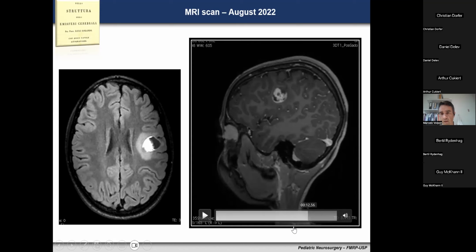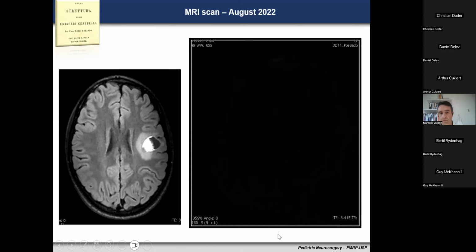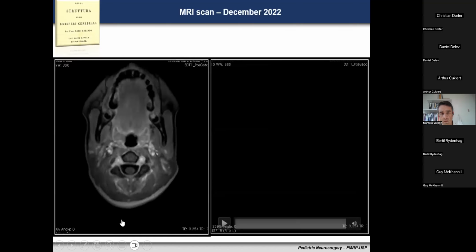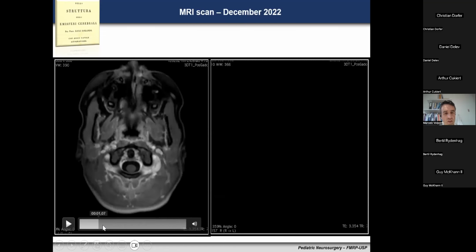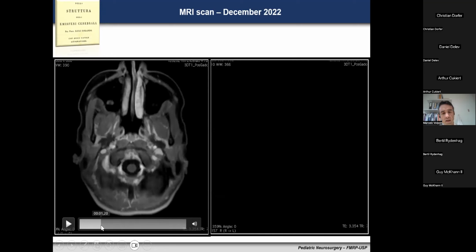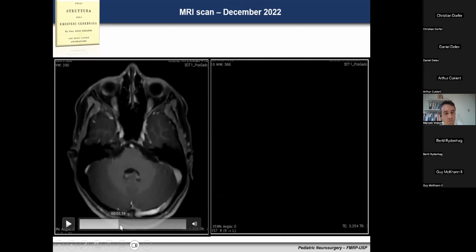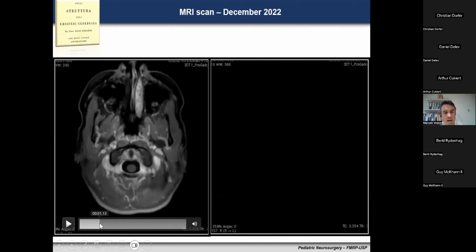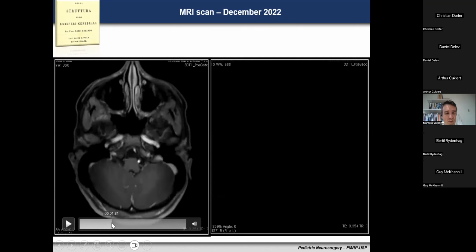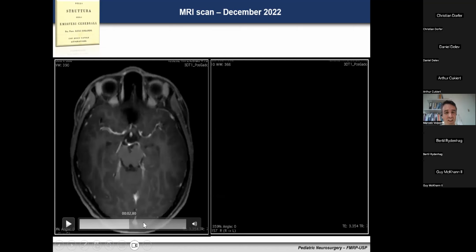The lesion is quite clear. Interestingly, she was admitted for a video EEG in that period, and it took some time before she could go for the operation. I was actually a little bit anxious, a little bit afraid of the operation, so we delayed it a little bit.